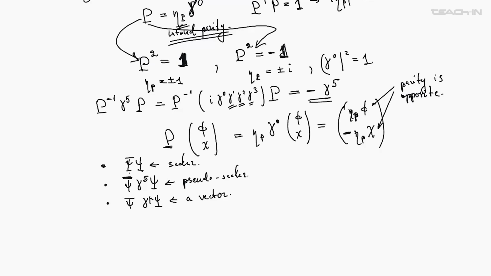Then you might have a pseudovector, which is psi bar gamma mu gamma 5 psi. It transforms as a usual vector with respect to Lorentz transformations from the proper orthochronous Lorentz group, but it changes sign under parity. It behaves as a pseudovector.